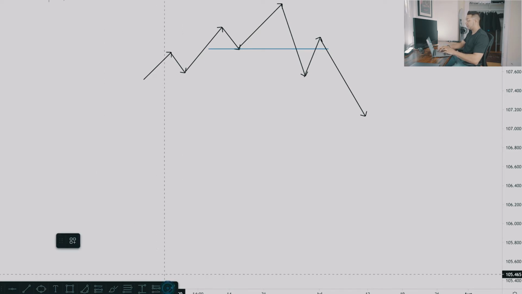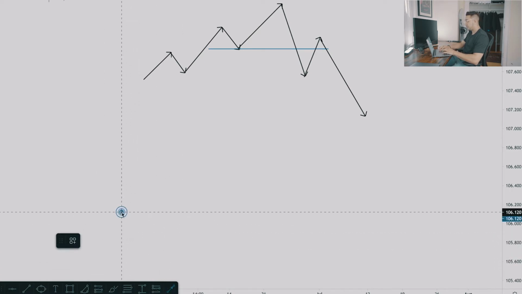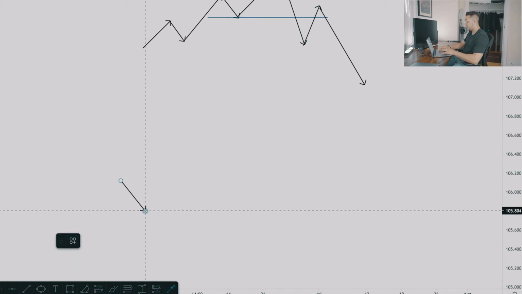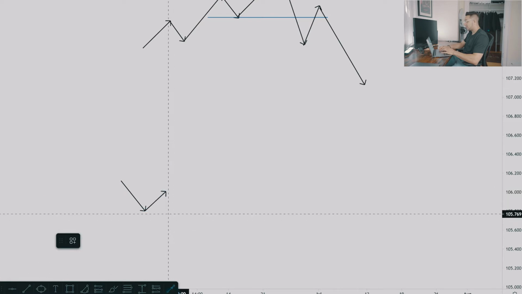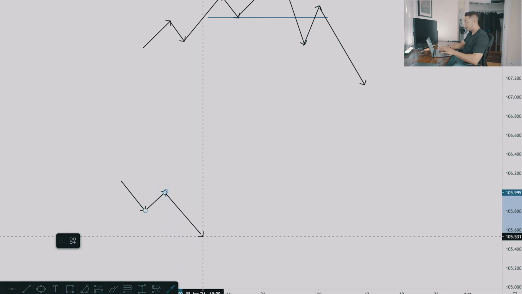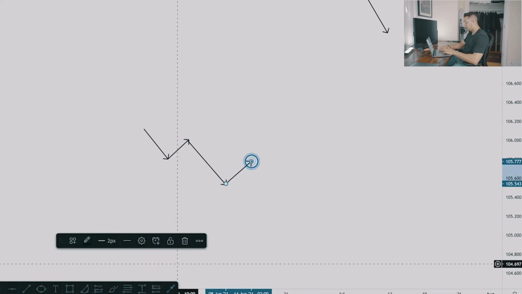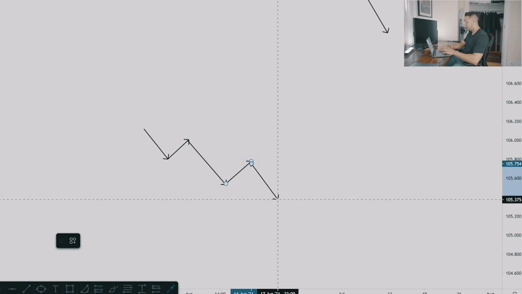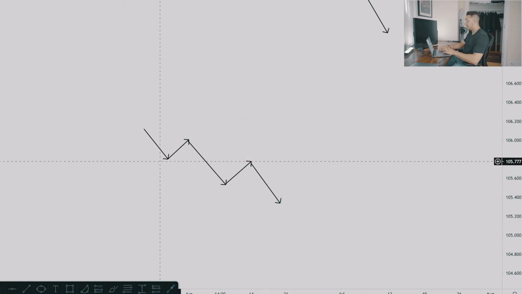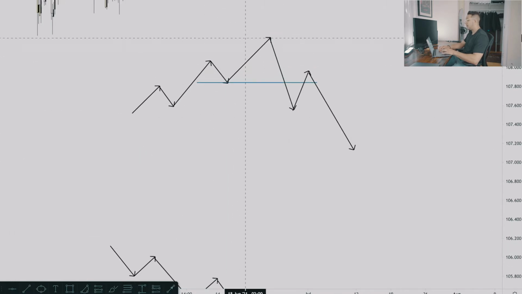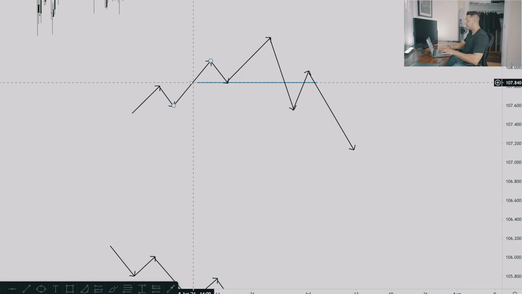Now here's another example. Say we are currently bearish, making bearish market structure, lower highs and lower lows. We're in a downtrend. I'm going to draw that up. Now we can see we have a downtrend right here, making lower highs and lower lows. For a downtrend to be broken, to go from bearish to bullish, market structure has to break, similarly to how an uptrend has to break from bullish to bearish.